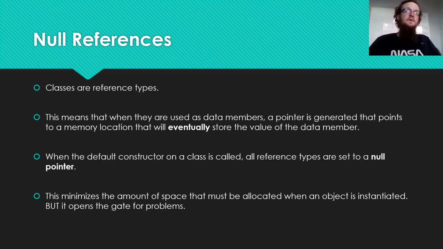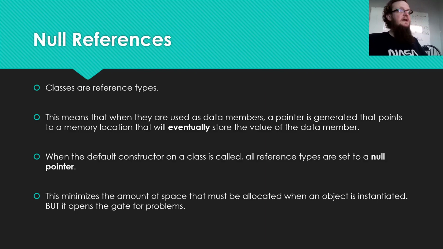So if you call a default constructor and you have a whole bunch of different class types as fields or properties on that class, each of those reference types will be set to a null pointer. The good news is that this minimizes the amount of space that's required to call the default constructor on any class to create a default object.